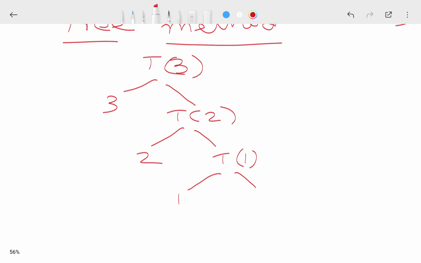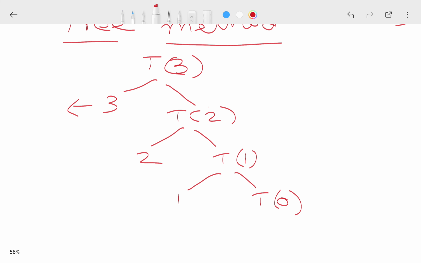And then the function T of 0 will be executed. Now when n equals 0, the condition becomes false, so it terminates.